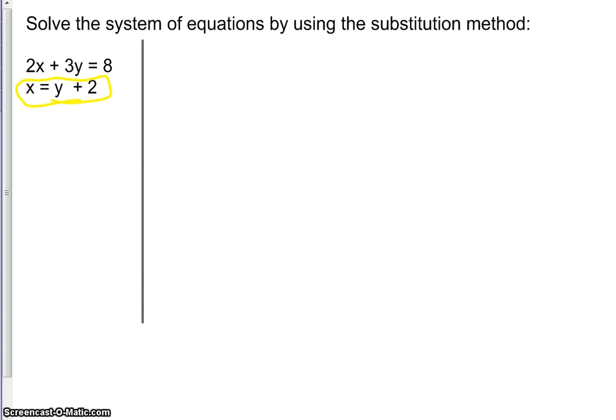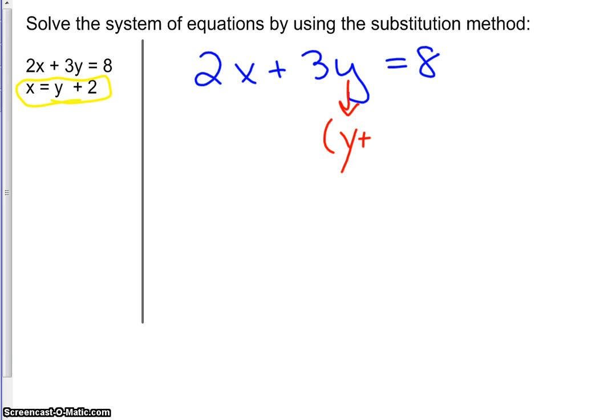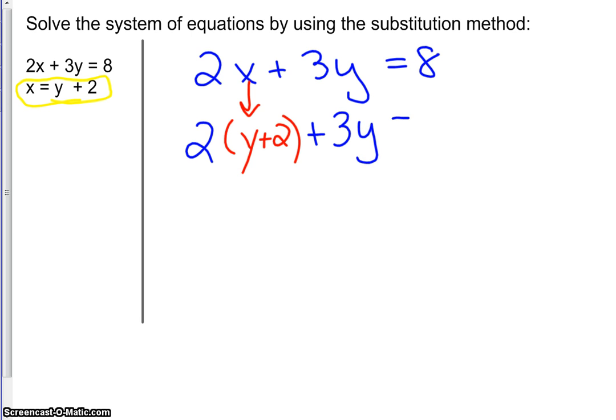So what we have is in this equation, 2x plus 3y equals 8, it's our x that can be replaced. Sorry about that, guys, I need to move things. Our x is what can be replaced with y plus 2, and everything else stays the same.